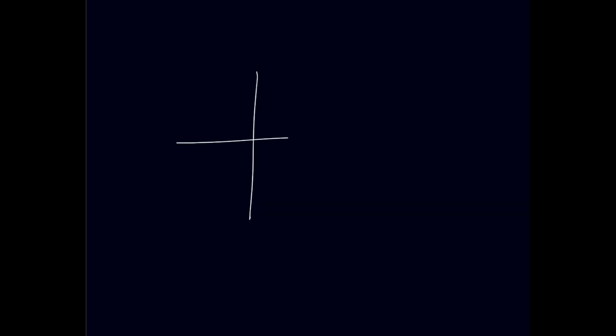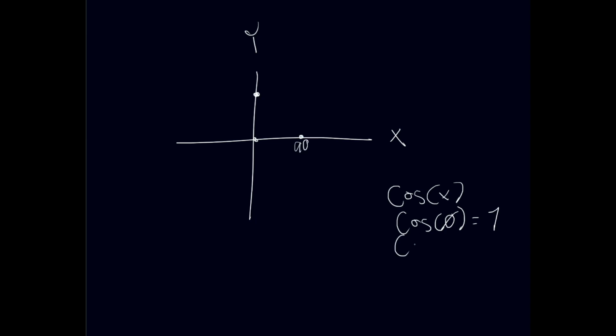So if I give you this grid of x and y, and you map cosine of x, then we are starting here at x equals 0, and remember, cosine of 0 is 1. So we are starting at 1, and then let's go to x equals 90. Then cosine of 90 is 0.